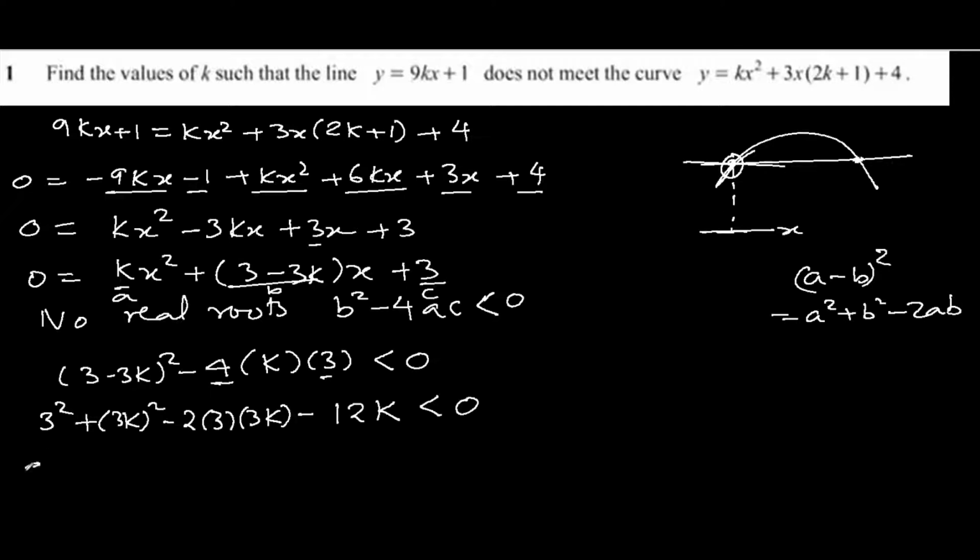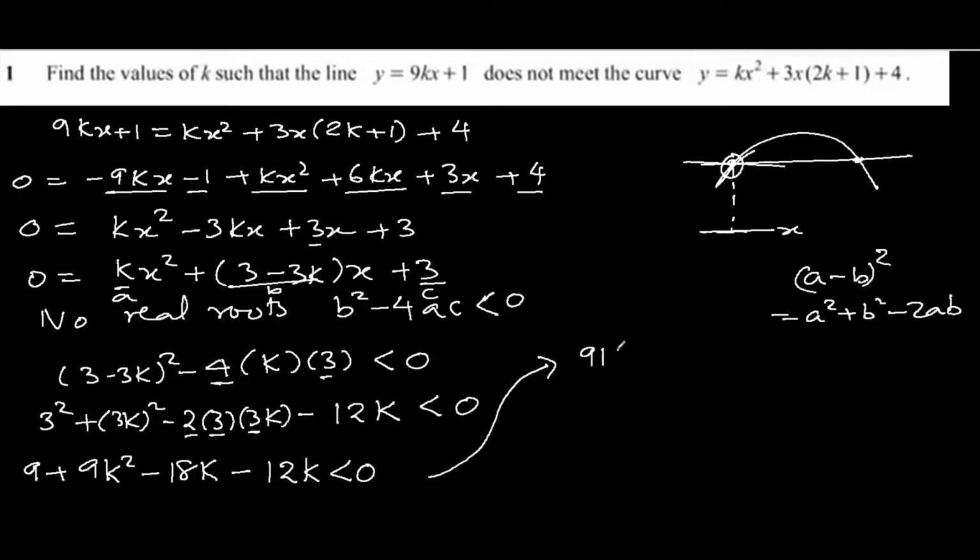Alright, 9 plus 9k square, and this becomes 3 times 3, 9 times 2, 18 minus 18k minus 12k is less than 0. And let's finish it here. 9k square is the first term for a quadratic inequality, then minus 18 minus 12, minus 30k plus 9 is less than 0.